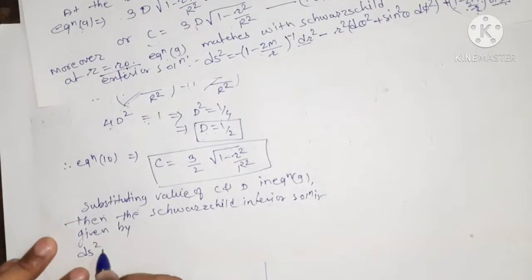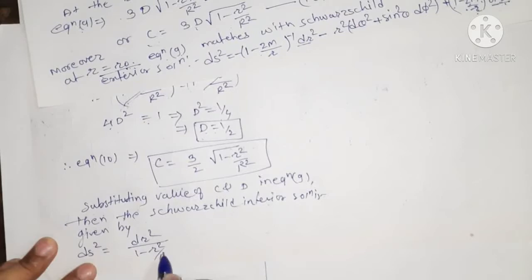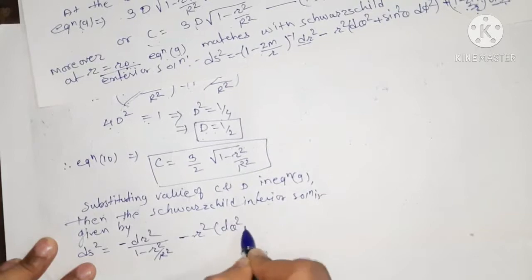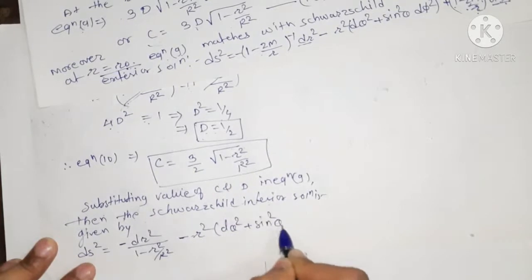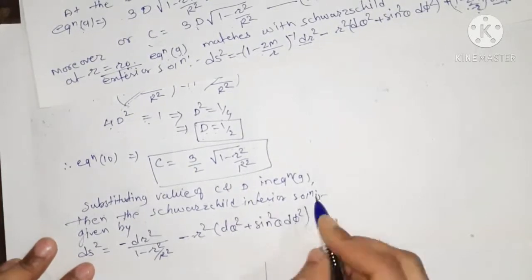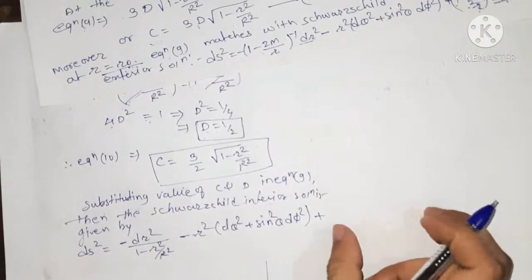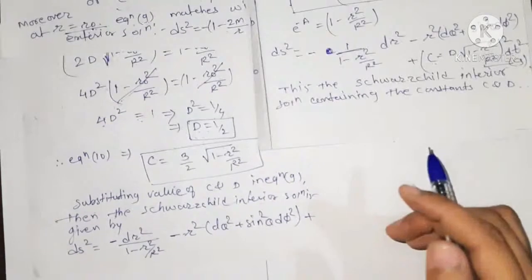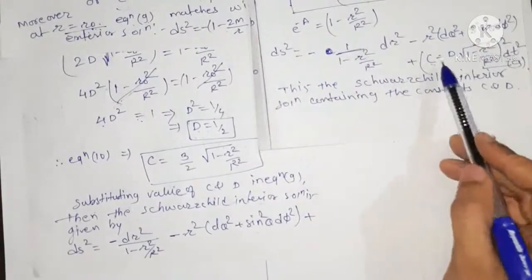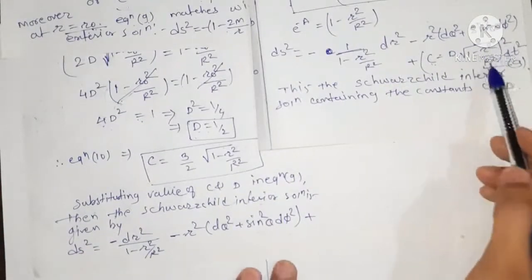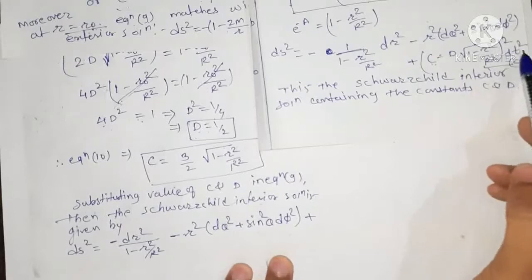that is ds square equals to minus dr square upon 1 minus r square upon capital R square. Here it is minus sign, minus r square into d theta square plus sine square theta d phi square, plus here we have the term which contains C and D, that is C minus D under root of 1 minus r square upon capital R square whole square dt square.